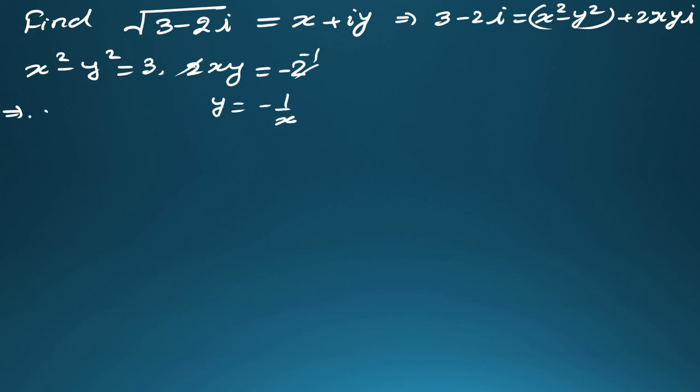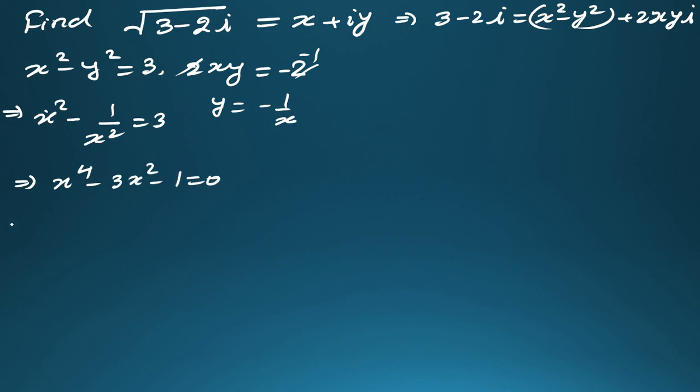Okay. So what you will get here? x square minus 1 upon x square is equal to 3. It means x to the power 4 minus 3x square minus 1 is equal to 0. Now it is a biquadratic equation, or you can say a quadratic equation in x square. So x square is equal to minus b, minus b means plus 3, plus minus square root of b square minus 4ac, over 2a.